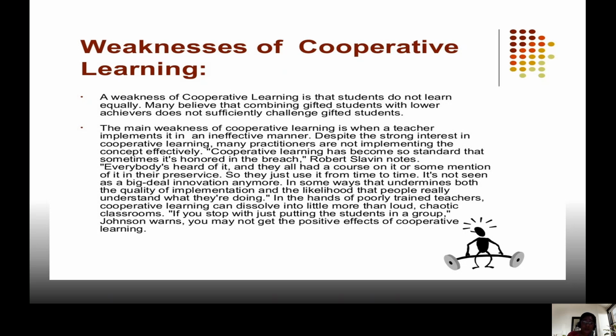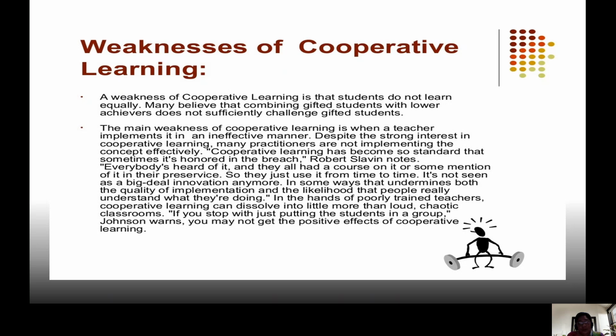So that is why, when we give a collaborative or cooperative report to our students, we make sure that we facilitate every group so that you will still be in control of your class.